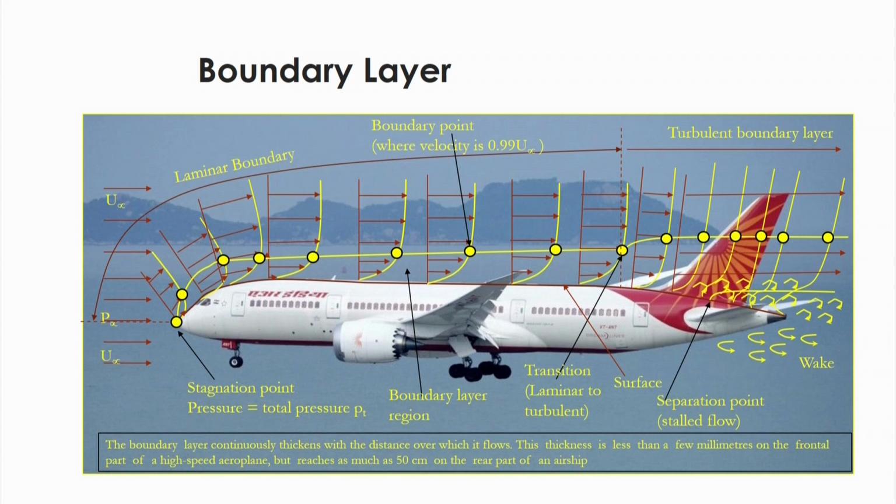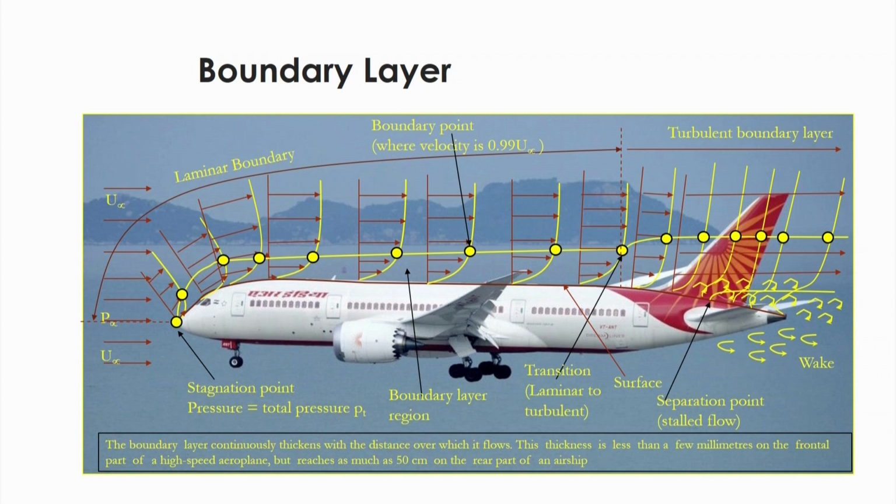Very near to the surface there will be some deviation of the velocity of the air due to frictional forces acting on the surface. Since there is a viscous effect of the air at this high speed, the velocity gradient over the surface of the plane will be changing.